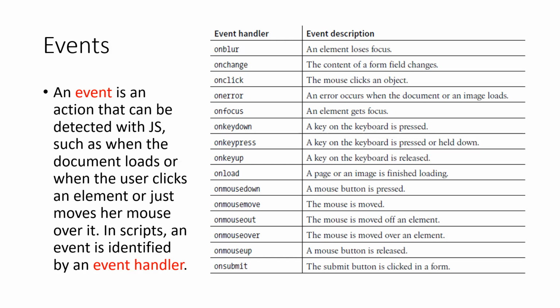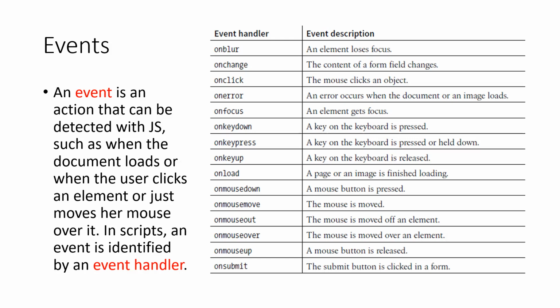Or sometimes even when you move the mouse over a particular element, let's say an image, you can identify it. So when you write a script, if you want to do something based on these events, you should identify them using what we call event handling.